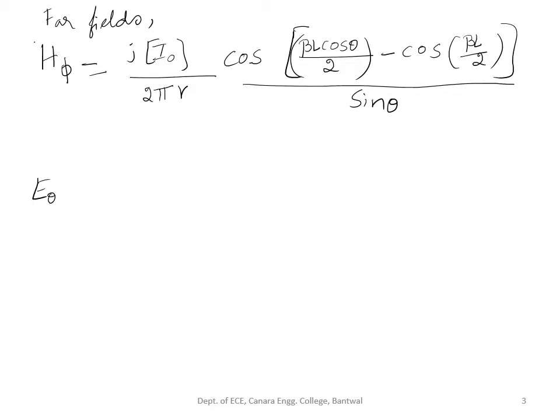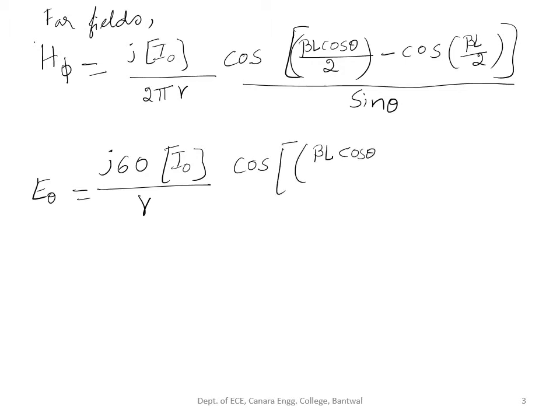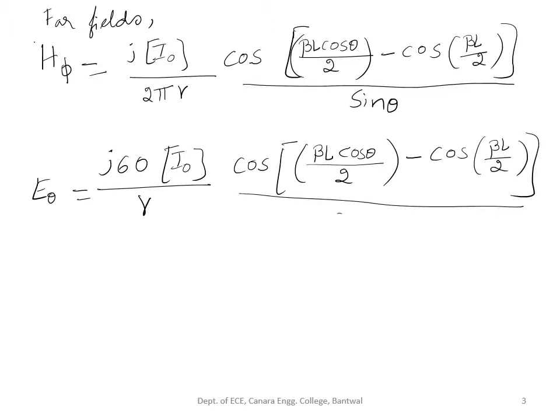E theta is equal to j 60 I naught divided by r times cos of beta L cos theta divided by 2 minus cos of beta L by 2, divided by sin theta. We know that E theta is equal to 120 pi into H phi.